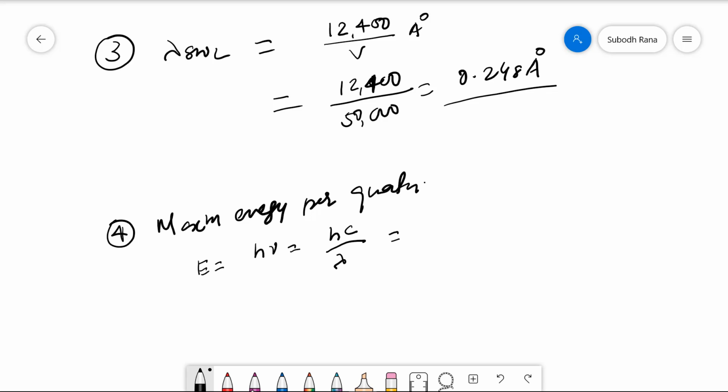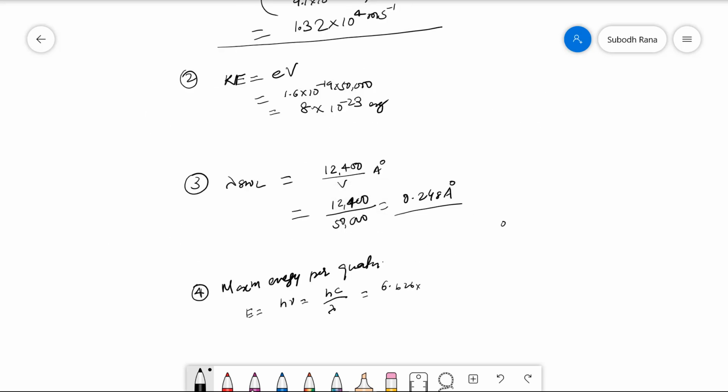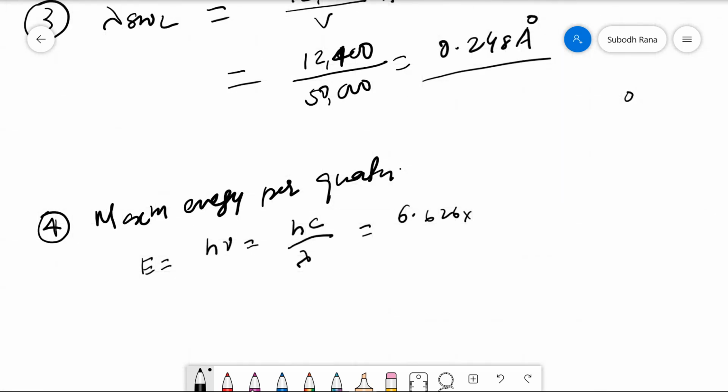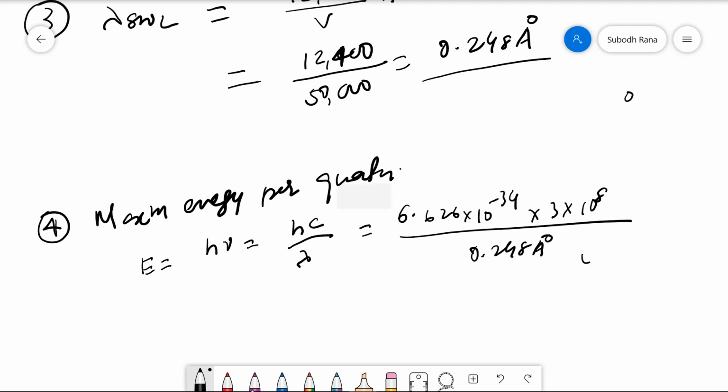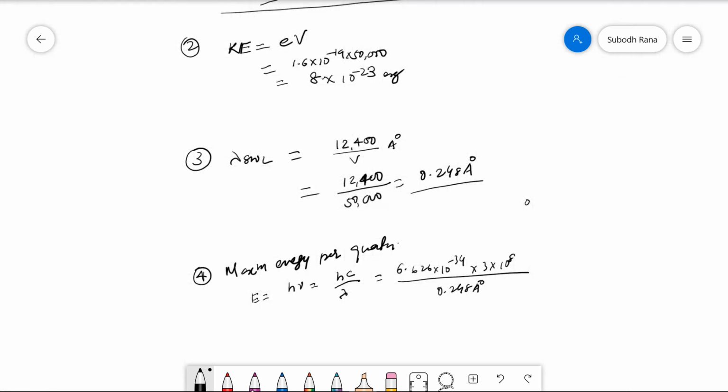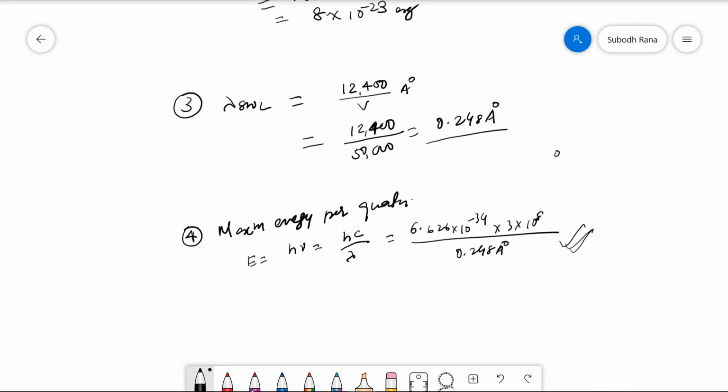So here we put h, the value of h is 6.626 into 10 power minus 34, c is 3 into 10 power 8, and lambda, what we have got, is 0.248 angstrom. From this you can calculate the energy also. You calculate by yourself what the energy will be.